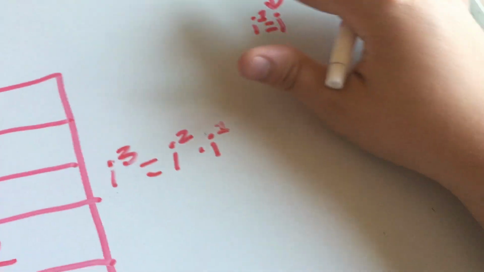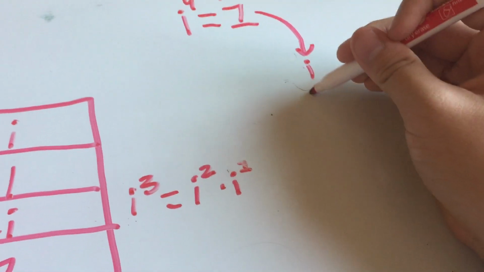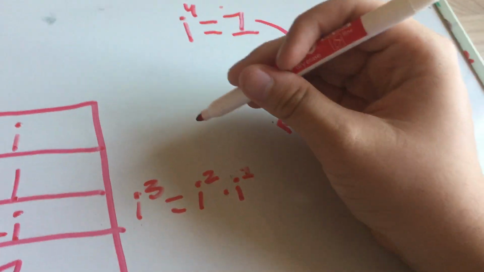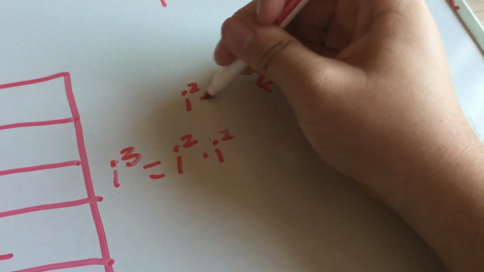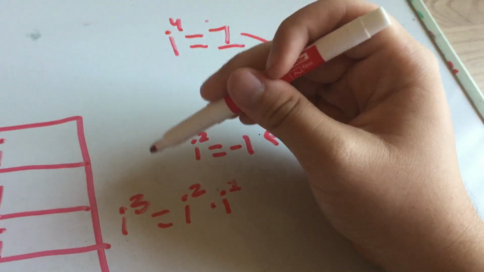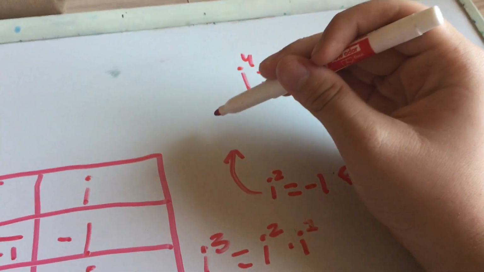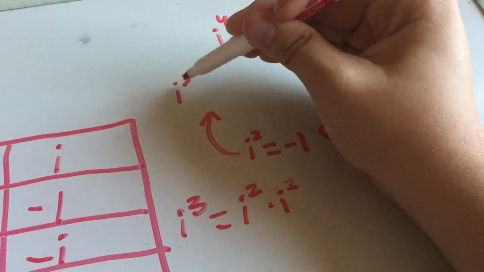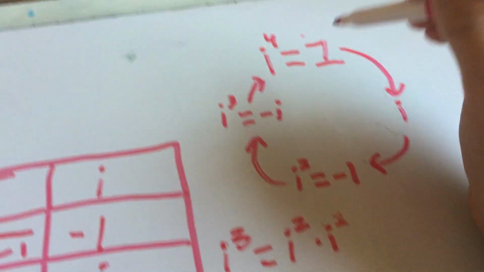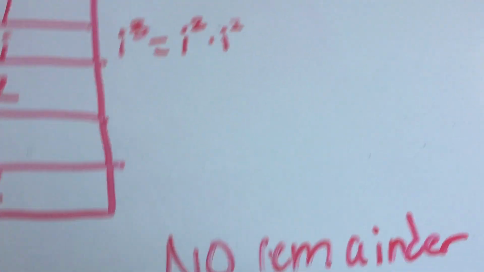You could put it like that, or you don't have to. Just i. Then it rotates to i squared equals -1. Then it rotates to i cubed equals -i, and then rotates back to i to the 4th, and so on. Okay.